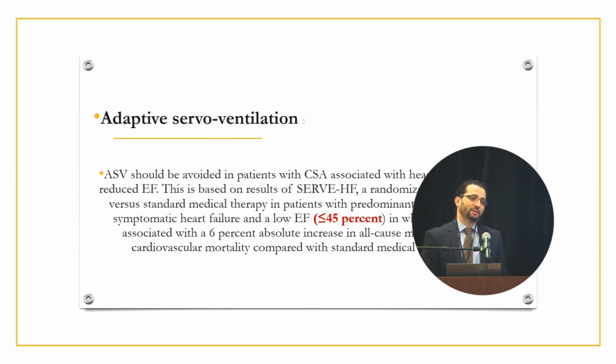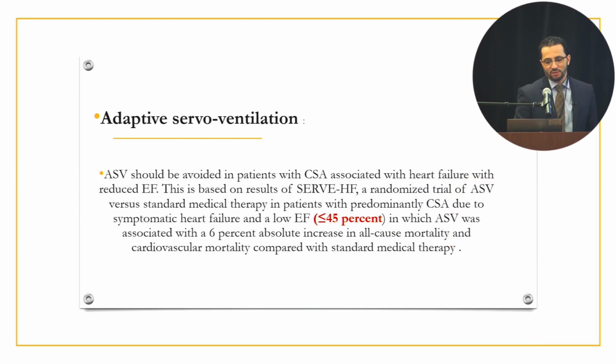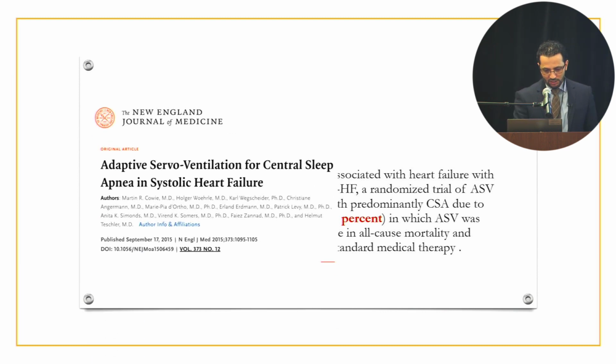If we're going to talk about ASV, we need to make sure that if you're going to start your patient on ASV, they have a recent echocardiogram showing an EF of more than 45%. Even 45% itself is still involved in the study that showed increased risk.